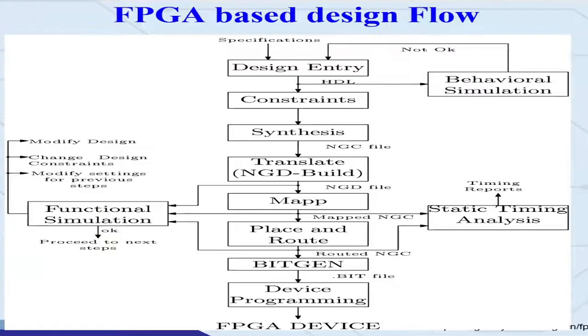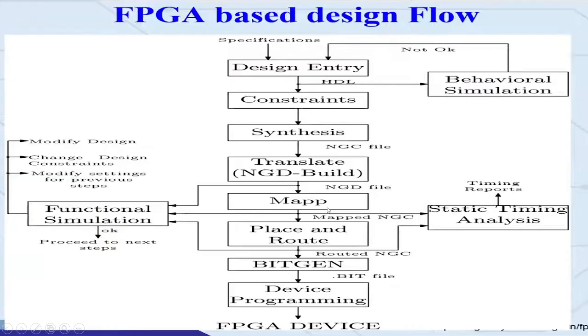So this is VLSI front end. Basically, this is the FPGA design flow. Actually, design entry and behavioral simulation: you are writing HDL and simulating with waveforms. If it is not okay, again you go to the design entry. Constraints, as I told you, are area, time, and power. That will go to the constraints and synthesis, and after synthesis, translate. You need to convert your code into the gate level netlist mapping.